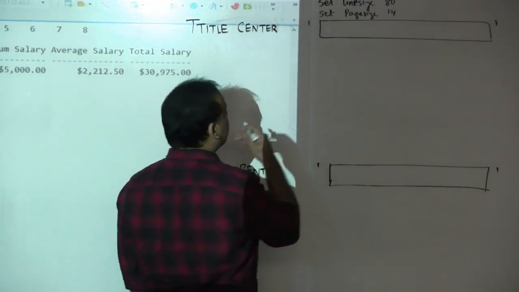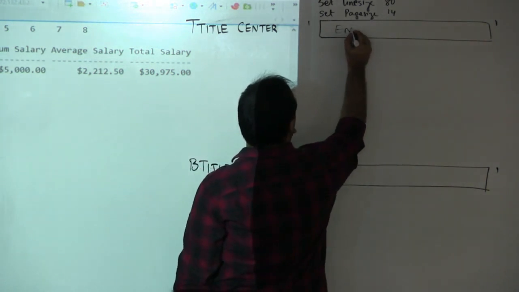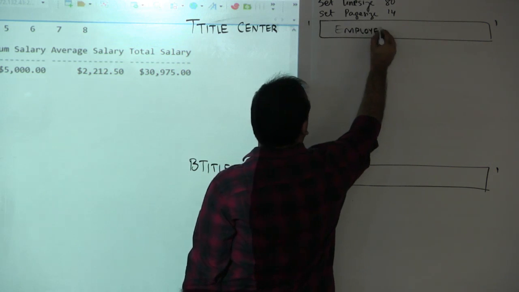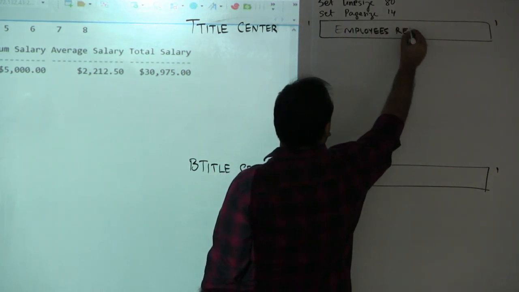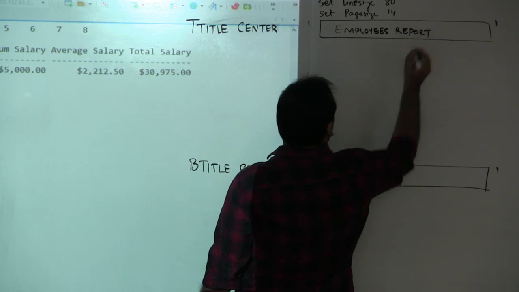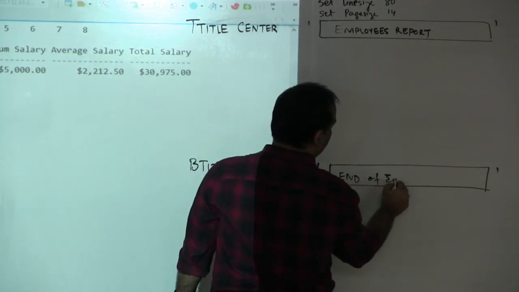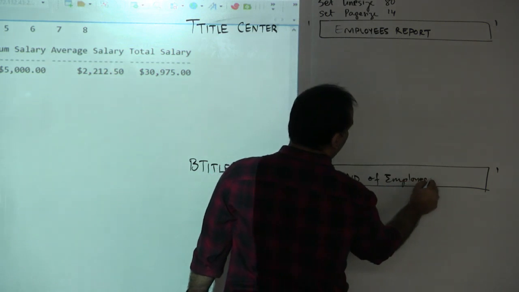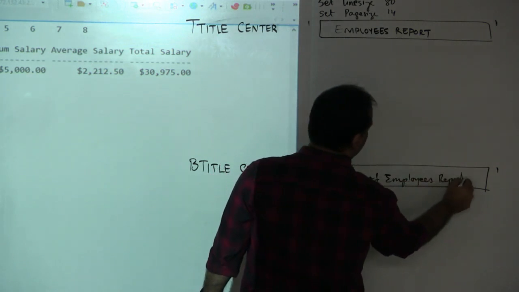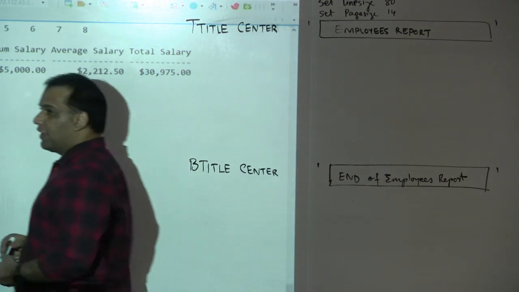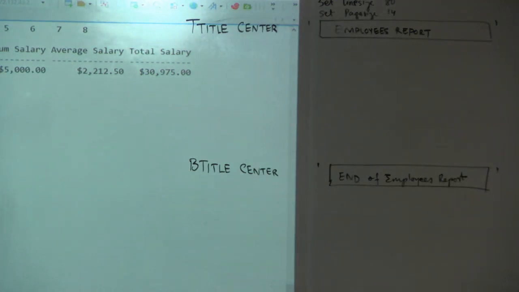So what would be the title? Employees report. And then here, end of employees report. So let's see if we can do this. So that way it can show me the header, the title, and the bottom of the footer as well.